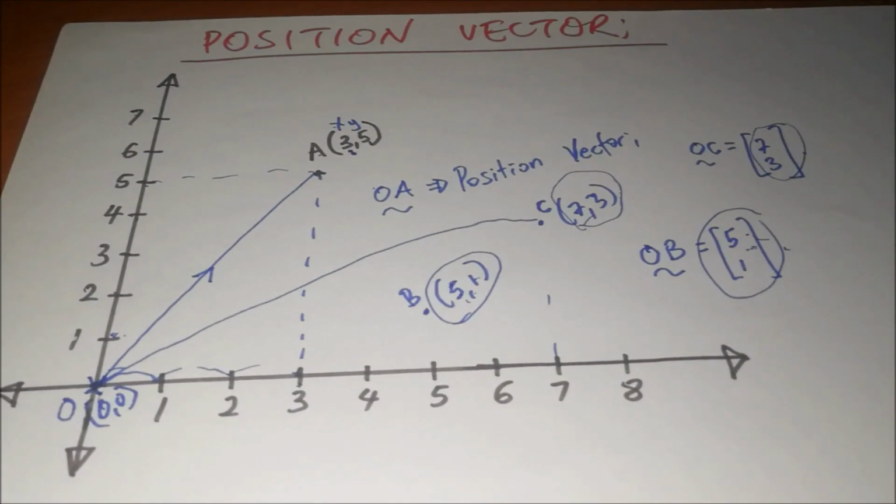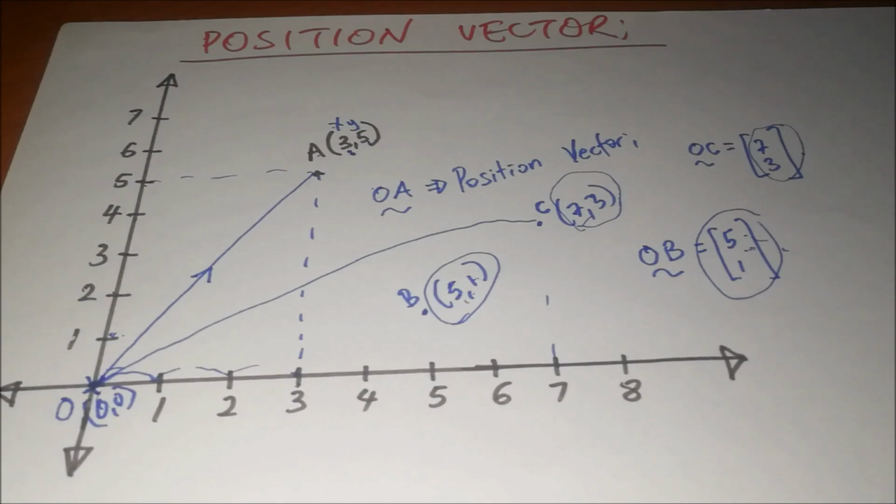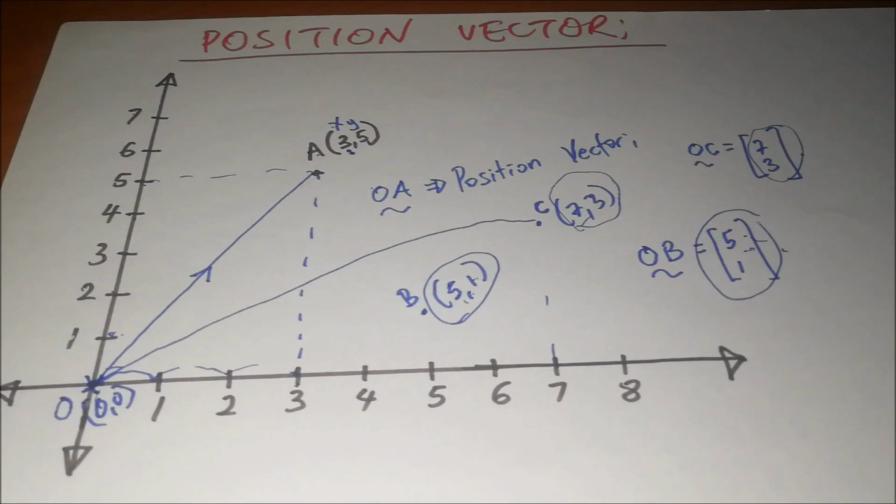Now, it's very important that you understand what I mean by position vector, because the concept of the position vector is going to be very key in its application when it comes to how we interpret questions moving forward.